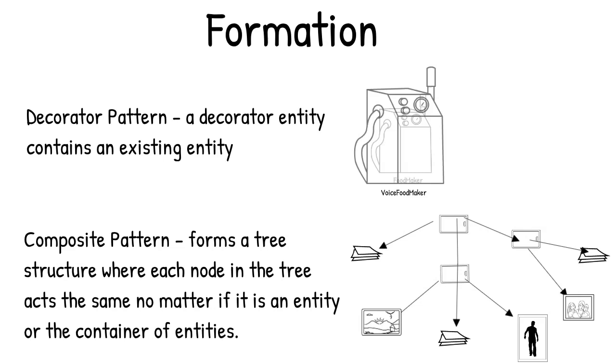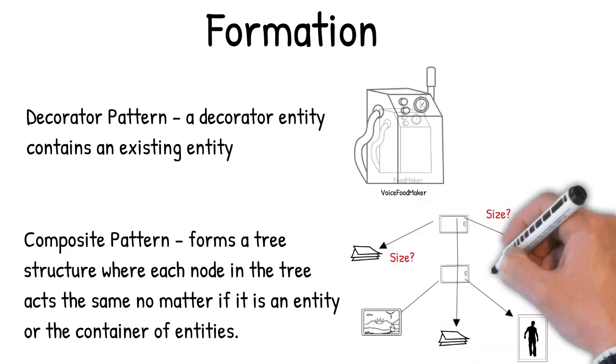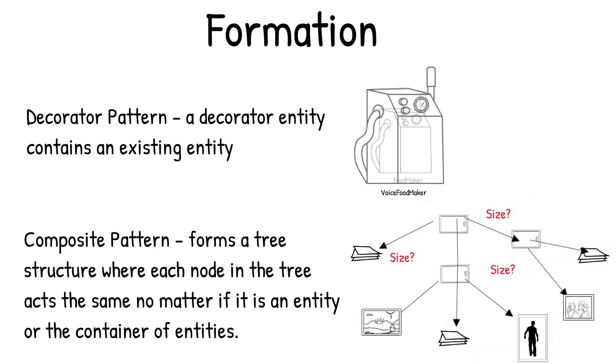So like in our case, we had a folder structure where a folder can have nested folders or it can have actual files. And to calculate the size, consumer doesn't need to bother about if it is a folder or if it is a file. It just invokes the same operation on every node of the tree to get the size.